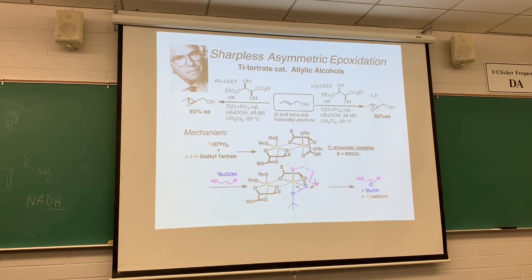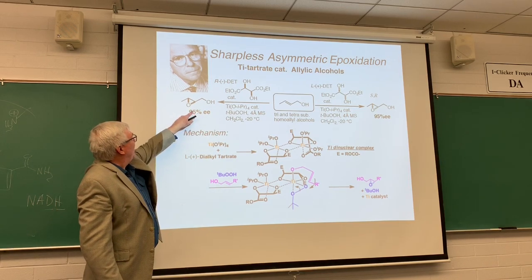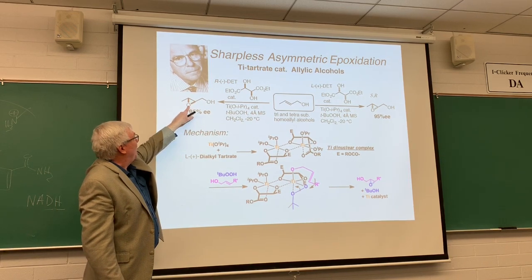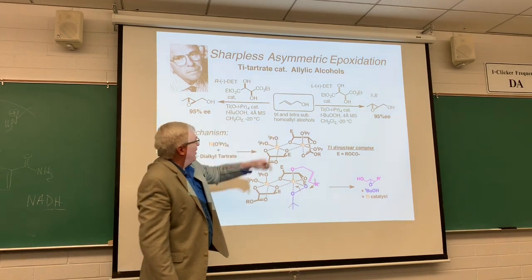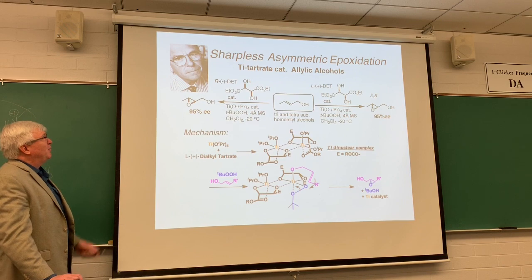Well, what we'd like to be able to do is to take an alkene and epoxidize with high enantioselectivity, one chiral epoxide over another. This reaction is called the Sharpless asymmetric epoxidation, for Barry Sharpless.